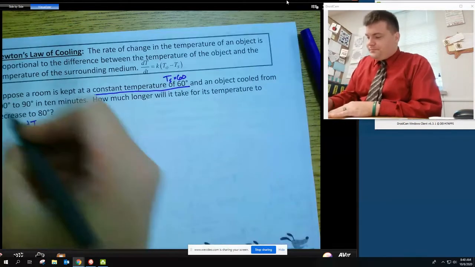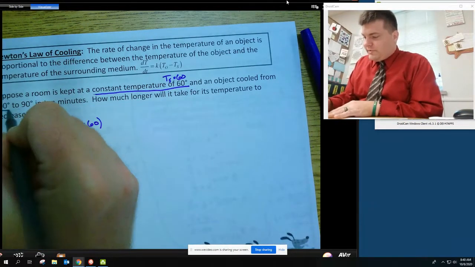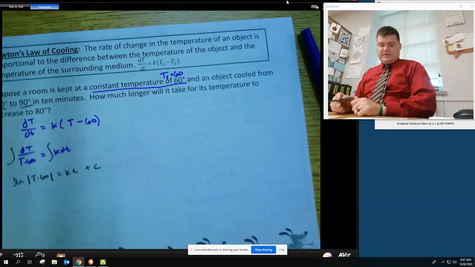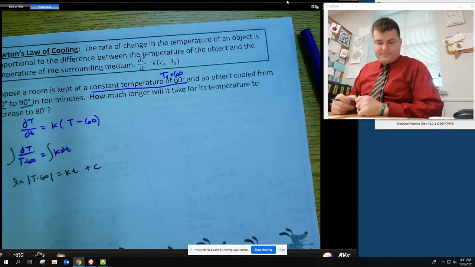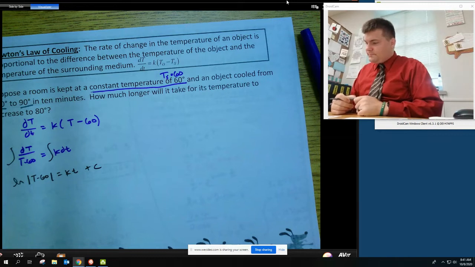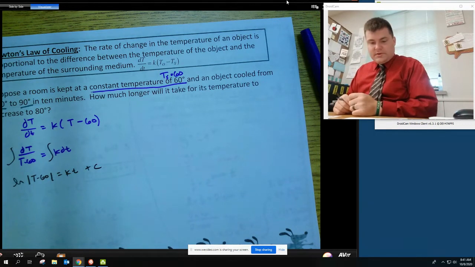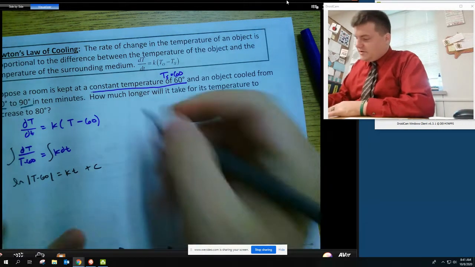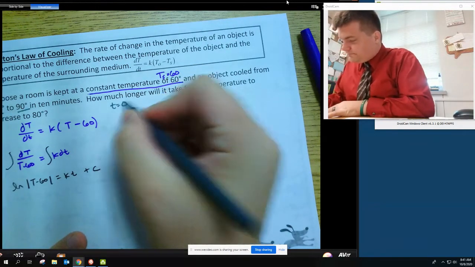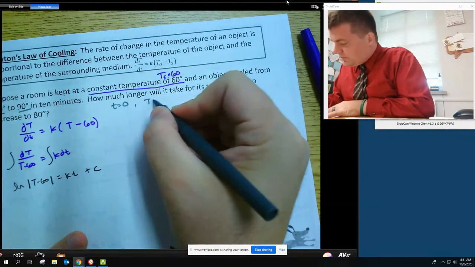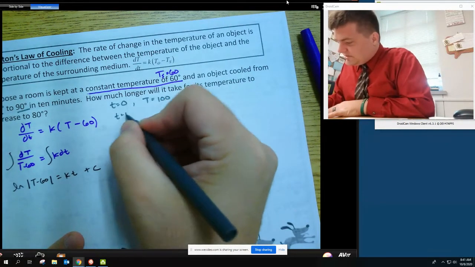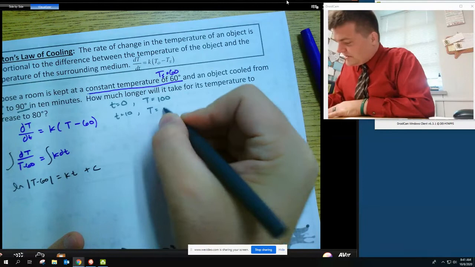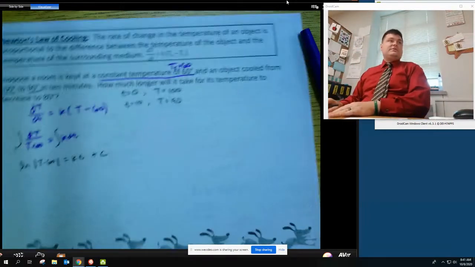So we have the temperature cooled from 100 to 90 in 10 minutes. Okay, so how much longer will it take? So at t equals 0, the temperature was 100. At t equals 10, the temperature was 90. So this is what that's telling me.